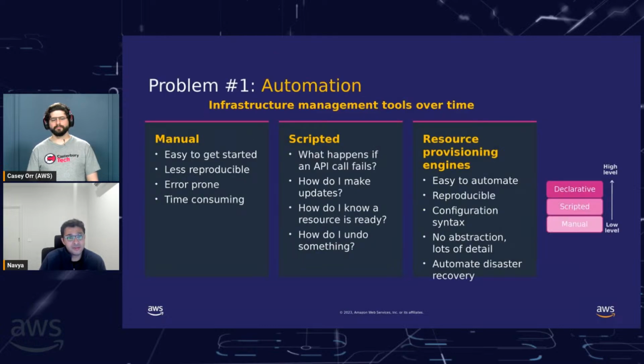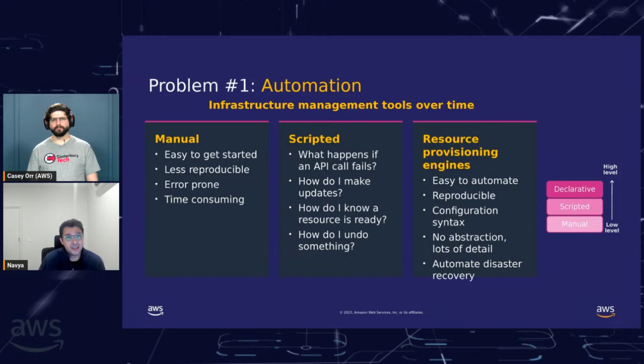The first problem is automation, and how we have grown from doing things manually, where it is easy to set up when we're working on POCs. There's no problem. It is error prone, but if it's a test or POC, why not? We don't have any issues having errors there.